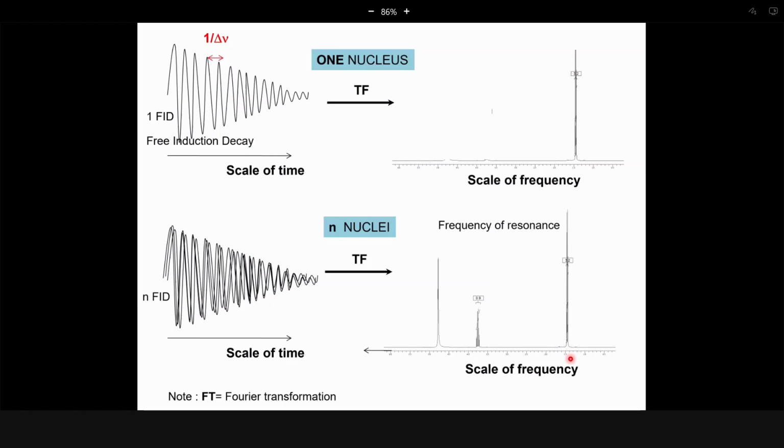Again, we have the scale of frequency, and on this we will have signals at different frequencies of resonance. That means that these groups of protons, for example, do not have the same place in the chemical structure, and then we will try to analyze why they are different and how I can place the atoms in the chemical structure depending on their frequency of resonance.